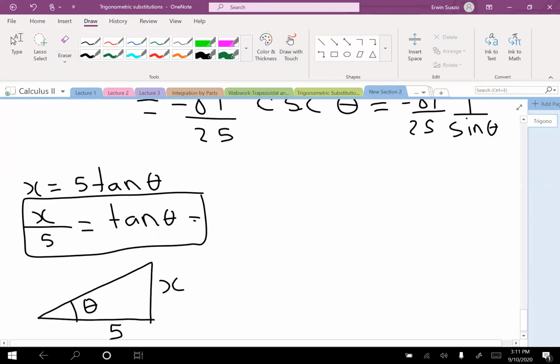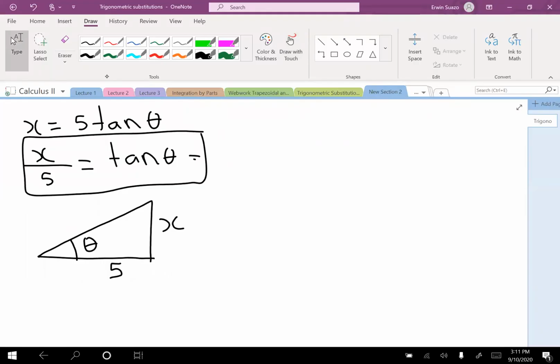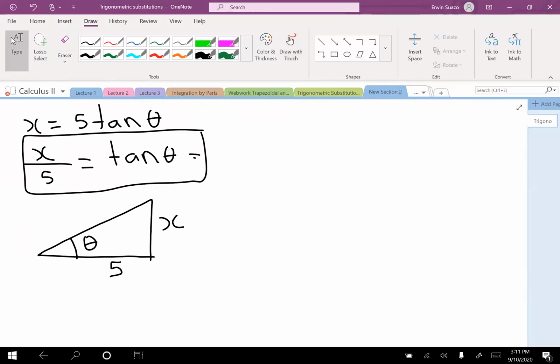To find sine of theta, we need to complete this triangle. If this is 5 and this is x, what is the hypotenuse? You guys tell me. You have to use Pythagoras theorem. So c equals, what is that?